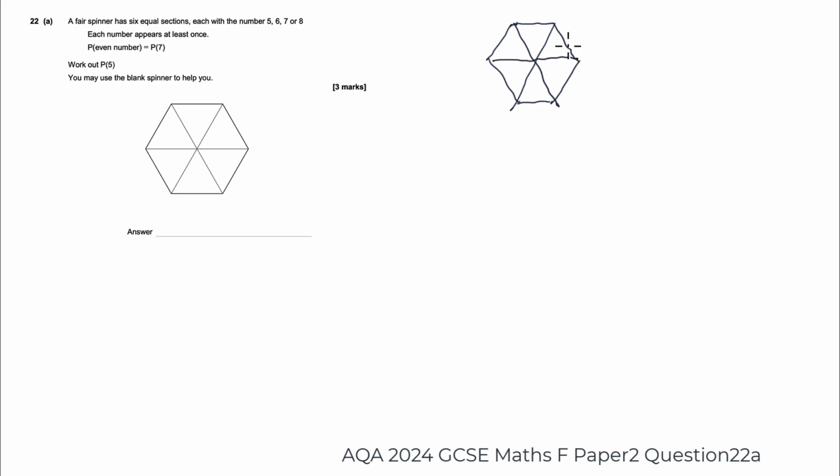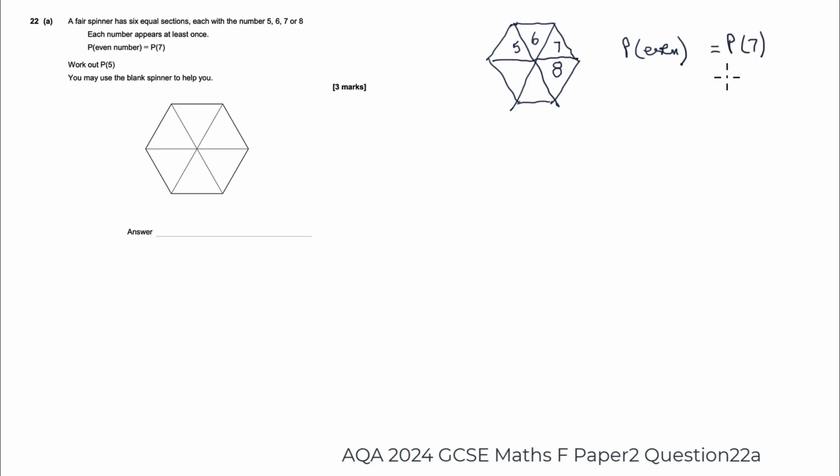So, at least 1 5, at least 1 6, at least 1 7, at least 1 8, they appear once at least. And the probability of an even number is the same as the probability of a 7.